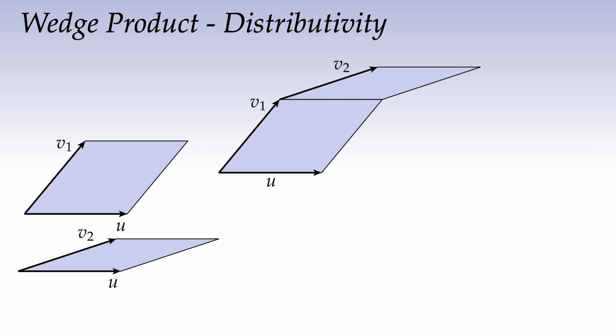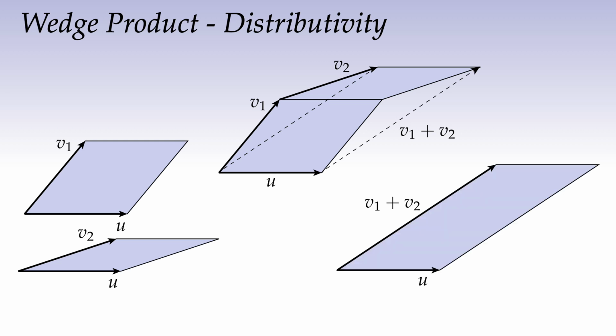But can we find a parallelogram with the same area by just wedging together a couple vectors? Sure, we could instead wedge u with v1 plus v2, and we'd get another little parallelogram, and you can argue to yourself pretty easily that this will have the same area as the union of the first 2. So for that reason, we might like to write u wedge v1 plus u wedge v2 is equal to u wedge v1 plus v2.